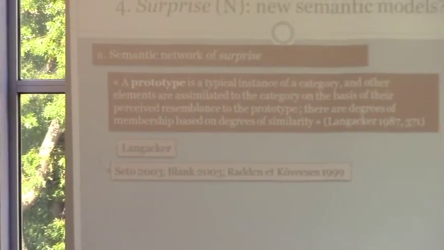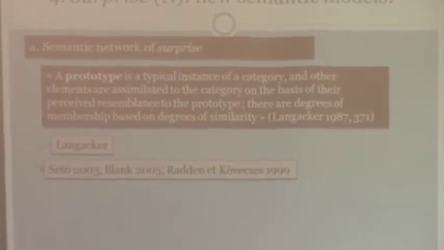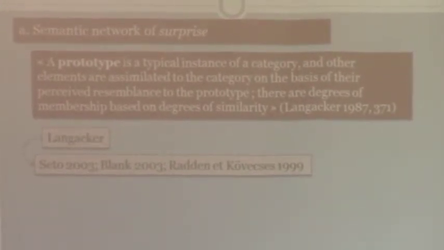So, any semantic network has a prototype and meaning extensions. A prototype, according to Langacker, is a typical instance of a category, and other elements are assimilated to the category on the basis of their perceived resemblance to the prototype.